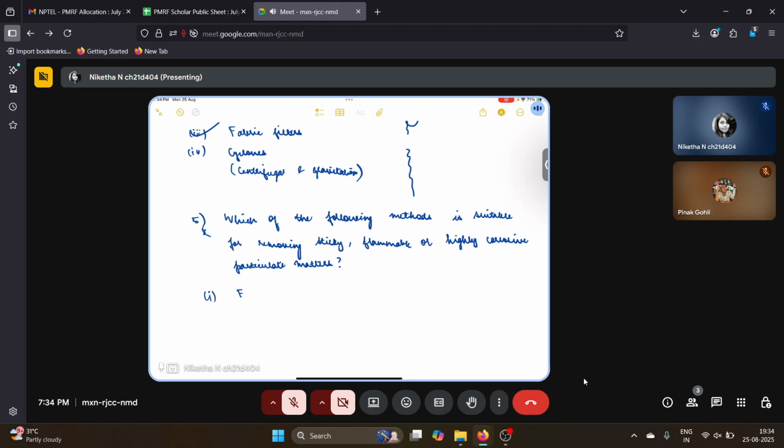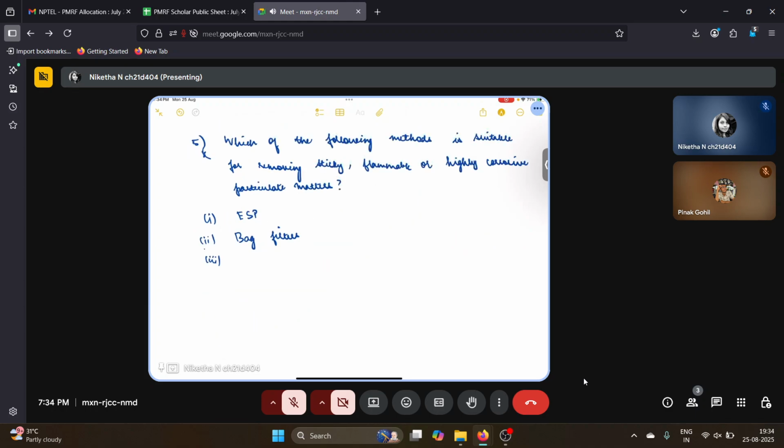First one is electrostatic precipitators, then bag filters, the third one is a Venturi scrubber, and the fourth one is absorption. So can you tell me which is the correct answer? And why?